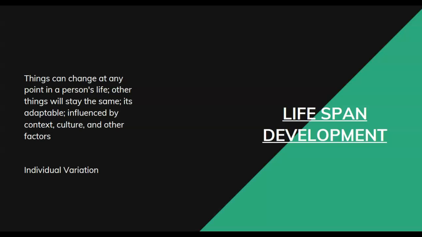Right? But also in understanding development, we want to see it as plastic, that is, that it changes, that development is not fixed, right? And that plasticity allows us to adapt to our circumstances, and that development is influenced by a wide variety of factors, including context, culture, environment, parenting, all sorts of different factors will influence development.